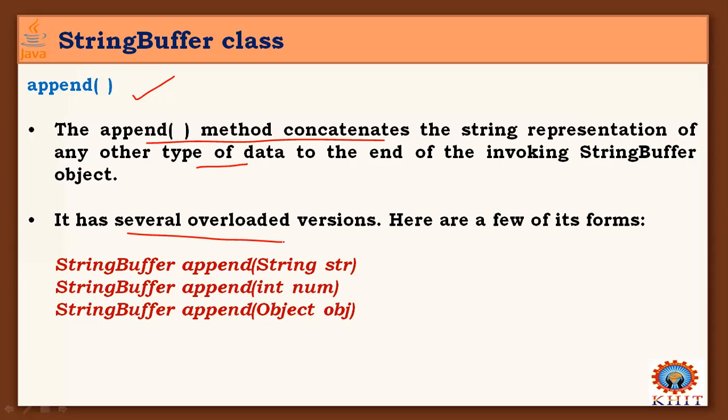It has several overloaded versions, nothing but you can overload this append method for different types. Here it is string type, integer type, and object type. So all of these are different methods of this StringBuffer class.